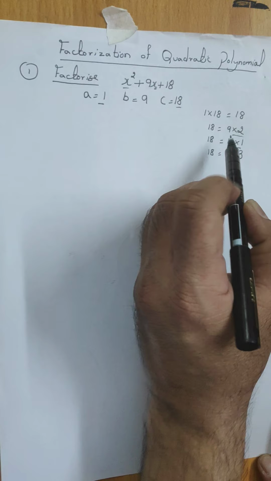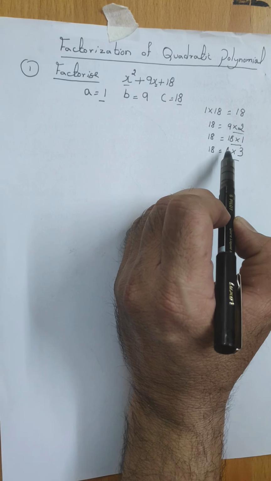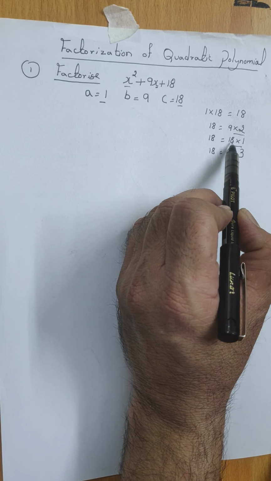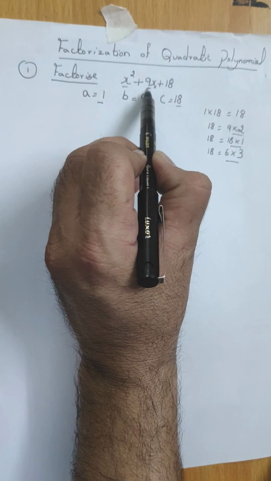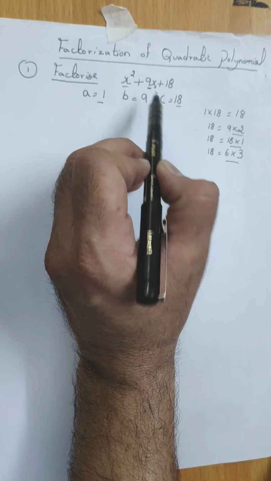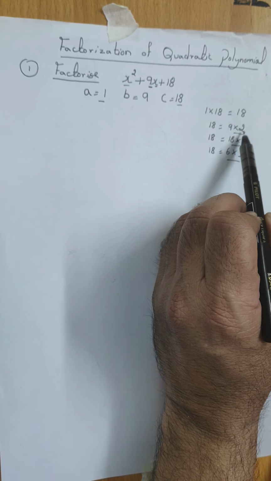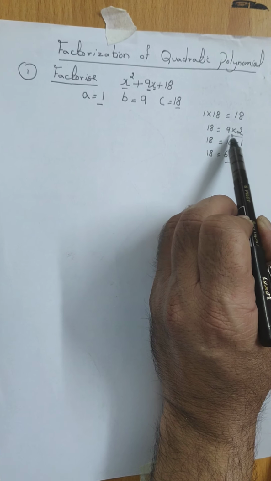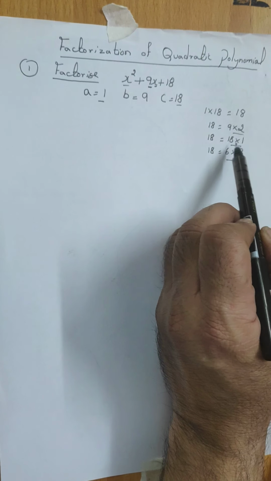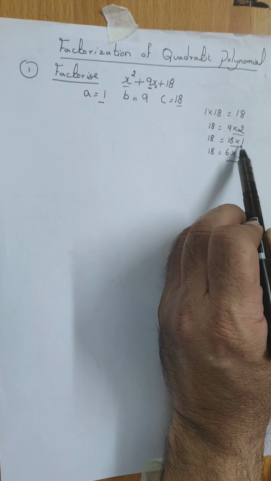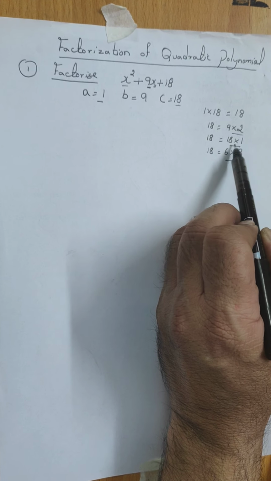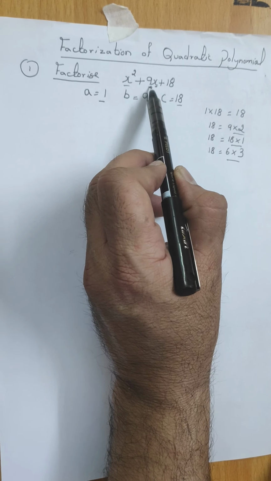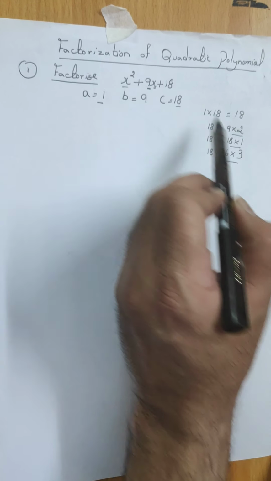After writing the factors, you have to take any two factors and see, after adding or subtracting, that I should get the middle coefficient of x, that is 9. See, 9 plus 2, if I do addition or subtraction, I will not get 9 here. 18 plus 9 or 18 minus 9, in that case also I will not get the coefficient of x as 9.